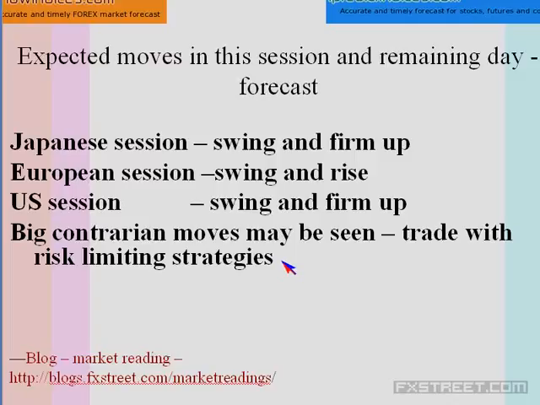But there could be a big volatile move tomorrow during the European session, that is 22nd. Then afterwards, tomorrow in the US session, we will come across a big rise in the case of Euro and GBP and also the denominator currencies. And on 23rd, we could come across volatile moves and upward spikes. And also on 24th, we could come across volatile moves near the high.